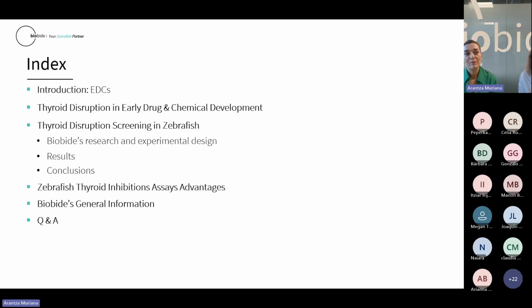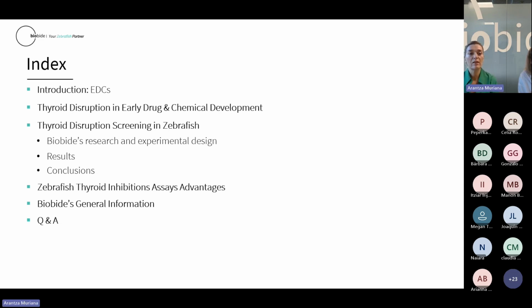So our talk will be divided in different areas. We will start with an introduction on endocrine disruptors. Then we will explain a bit on thyroid disruption in early drug and chemical development and the regulation and guidelines that have been developed lately in this area.